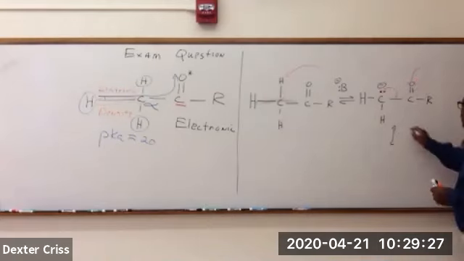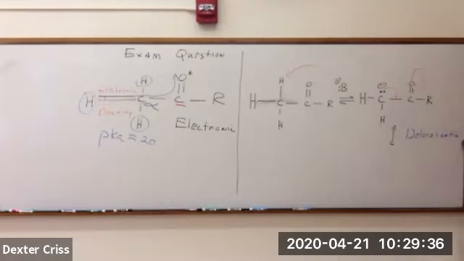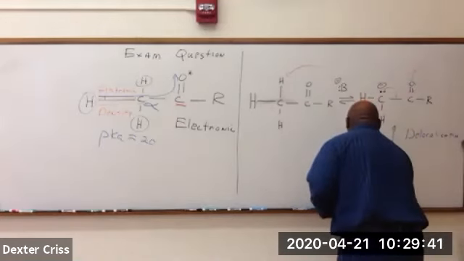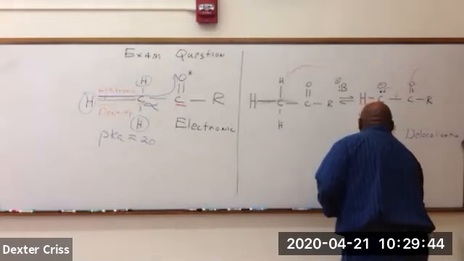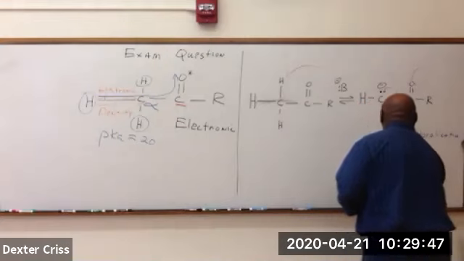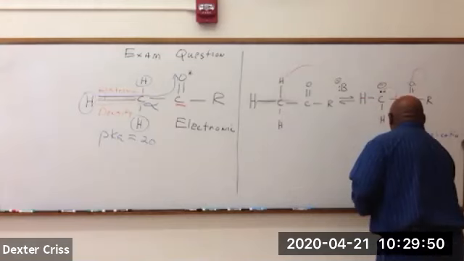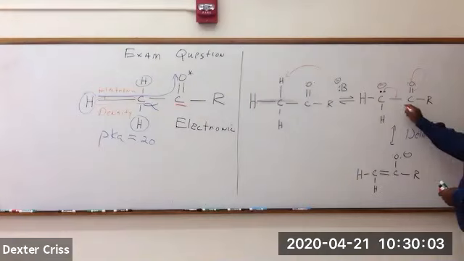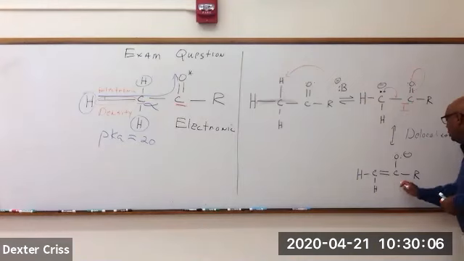So I can delocalize, delocalization of those electrons will occur, giving us this other contributor. So I basically have two contributors or resonance structures, 1 and 2.